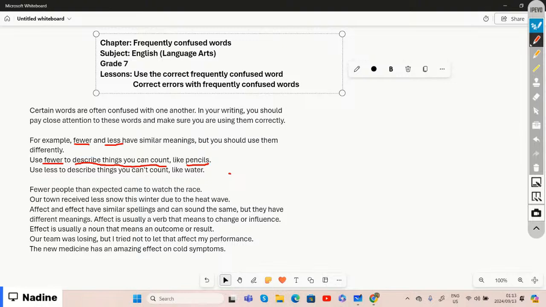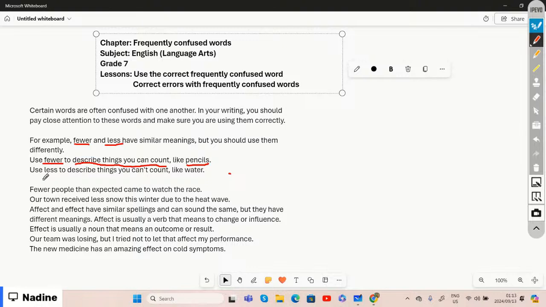So once again, we have the word fewer and we have the word less. We said fewer describes things that you can count, like pencils and cups and pens, and just things that you can count, even people.